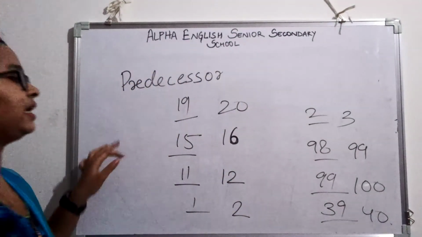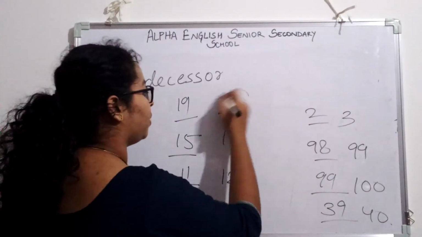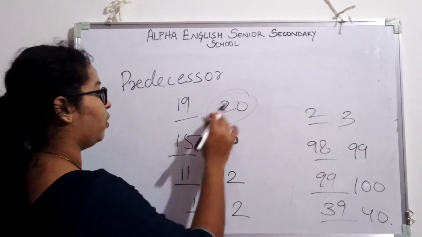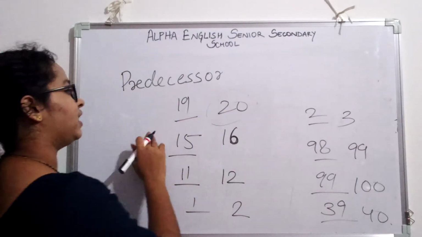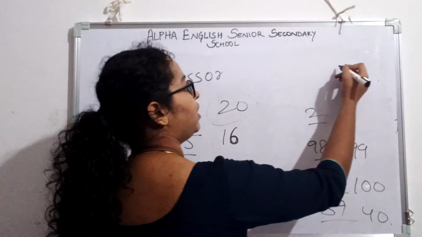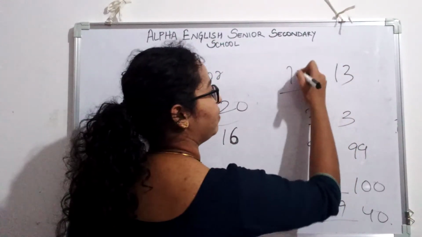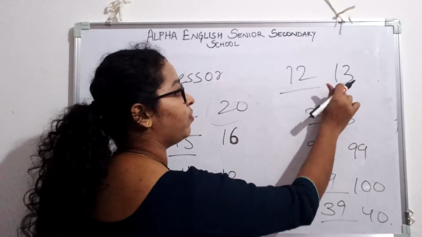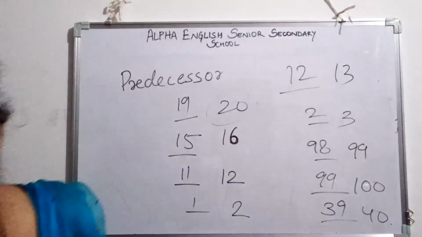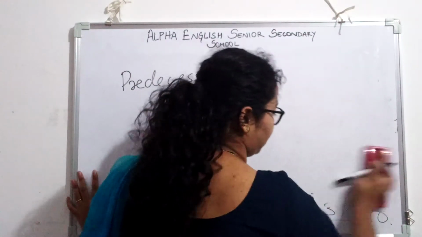Predecessor is basically the number which comes before a given number. So the predecessor of 20 will be 19. For any number, let's say 13, what is the predecessor of 13? It's 12, because 12 comes before 13. It's really basic, it's just counting.